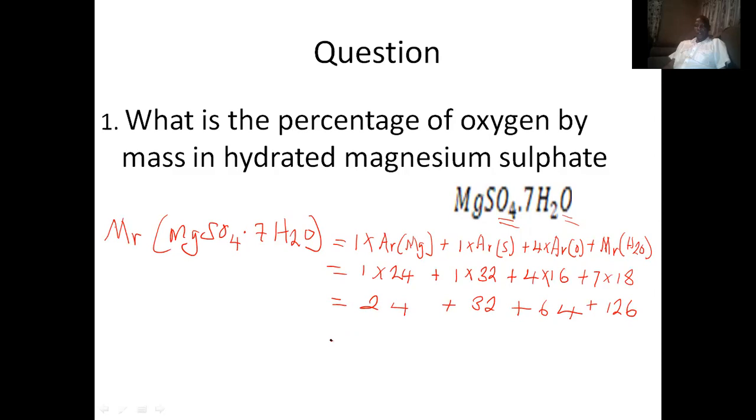And so it gives us 246 as the relative molecular mass for hydrated magnesium sulfate.